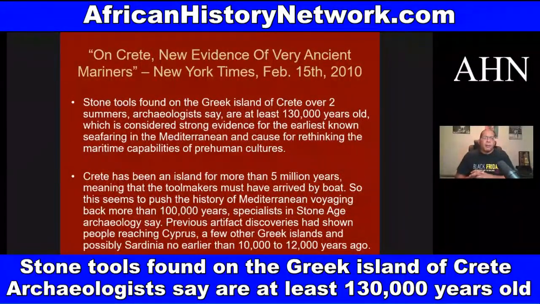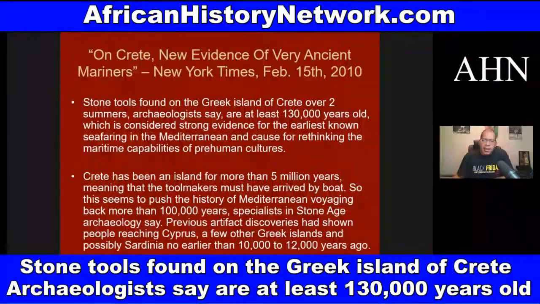Stone tools found on the Greek island of Crete, which archaeologists say are at least 130,000 years old, are considered strong evidence for the earliest known seafaring in the Mediterranean and call for rethinking the maritime capabilities of pre-human cultures.